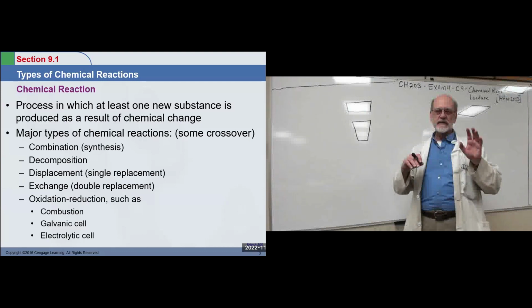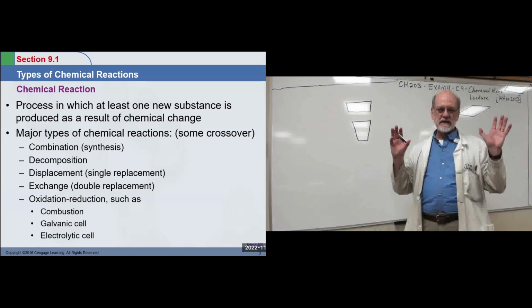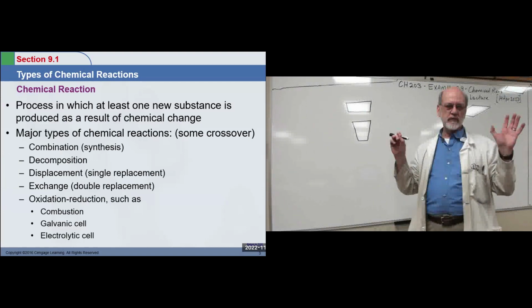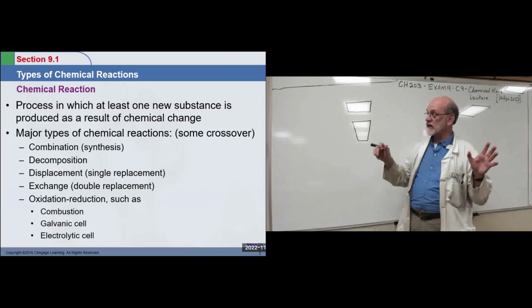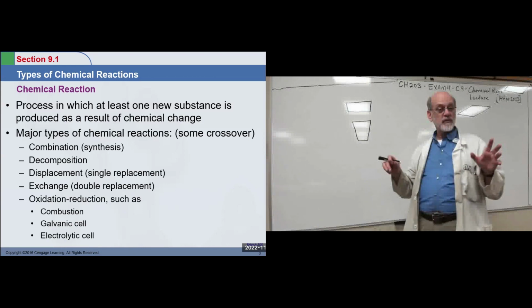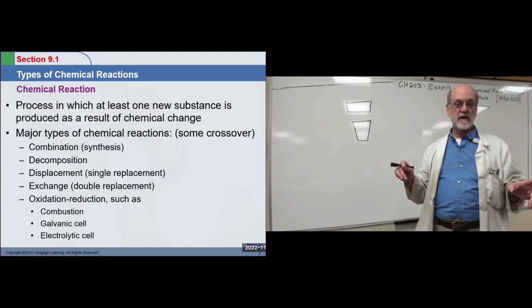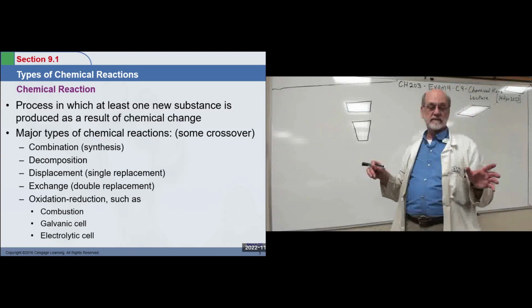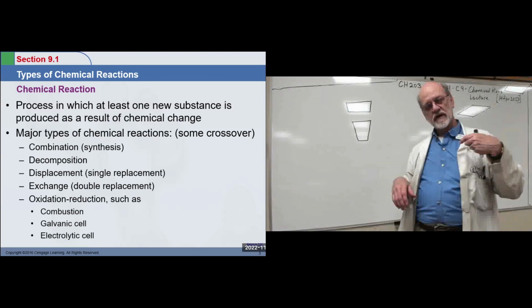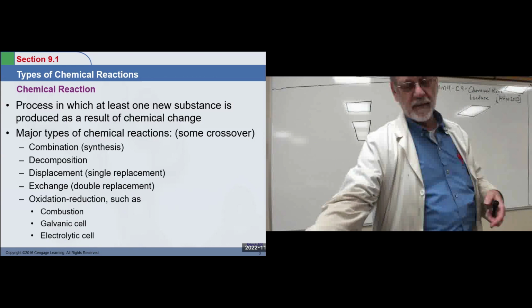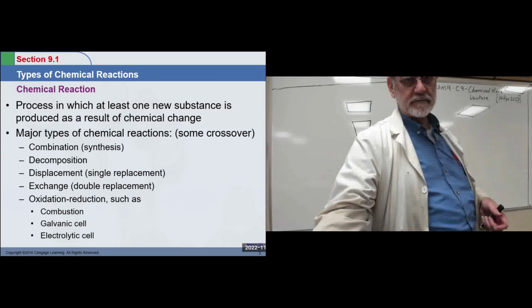So a good example would be, you could have an exchange reaction there on our list. It can also be an oxidation reduction reaction, or it could be a combustion. Right, so you can have several tags for the same reaction. And we'll go through these one by one.